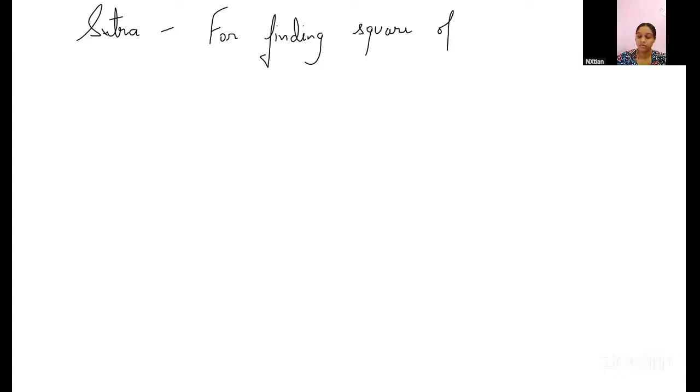Now, this sutra is called the sutra for finding the square of a number.